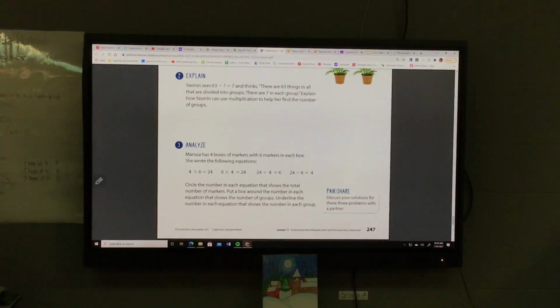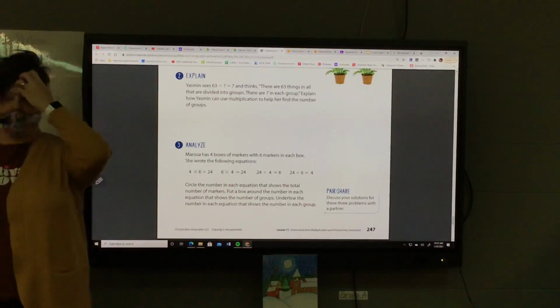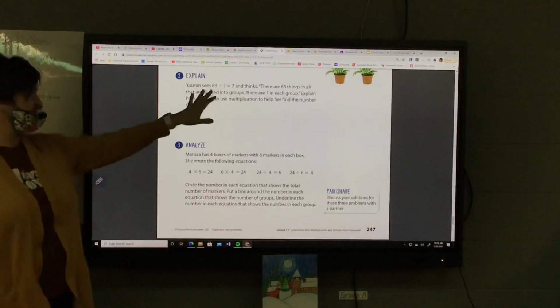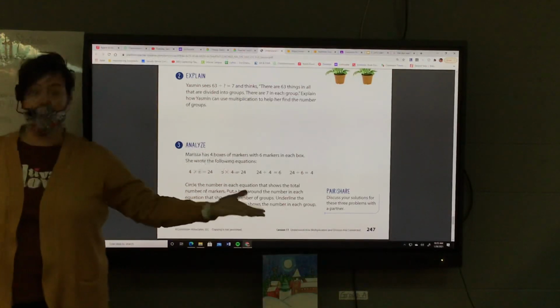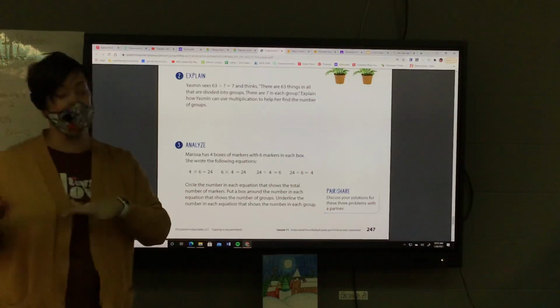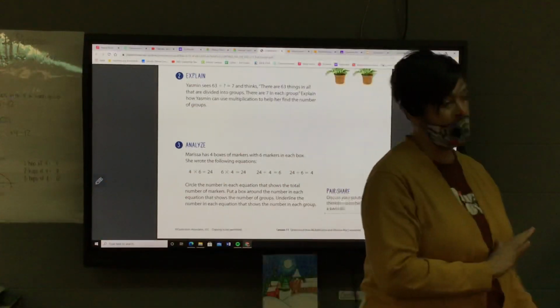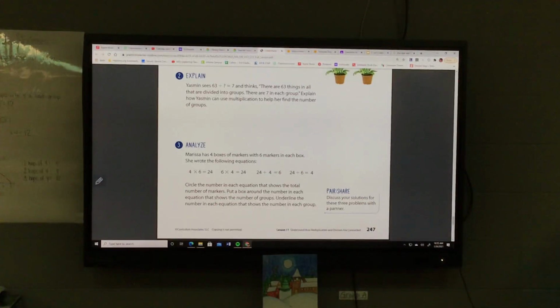How can she use multiplication? Actually, just show me the multiplication sentence. If you need to draw a picture, I guess you could. But this comes to the point where, friends, you just have to have those multiplication facts memorized. So go ahead and write the multiplication equation that goes with that.